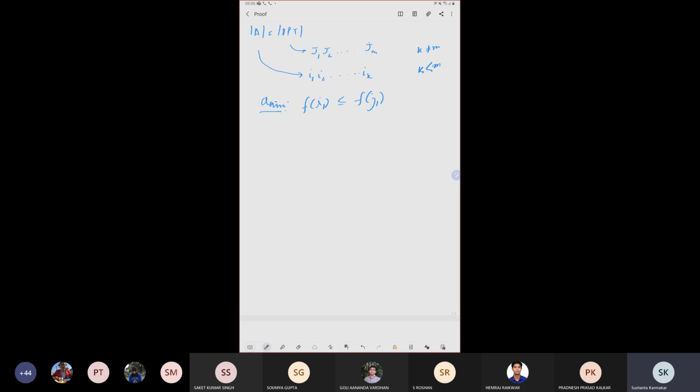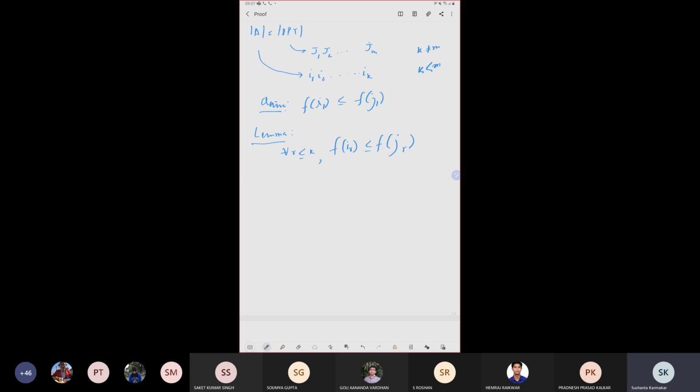So the statement of the lemma that we are going to prove is something like: for all r less or equal to K, f of Ir is less or equal to f of Jr. That means up to K, for all the intervals, the finish time of the accepted interval according to our algorithm is always smaller or equal to the finish time of the corresponding interval in the sequence J1, J2, up to Jm.